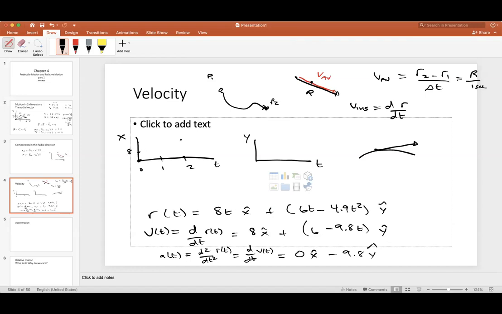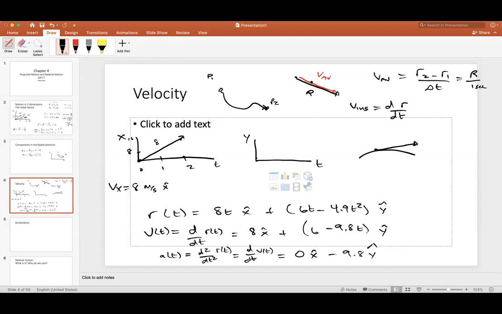When time is 2, it's at 16. So this is just moving with a slope of 8, which is exactly what this says, that my velocity is a constant 8. So my velocity in the x direction is 8 meters per second in the x hat direction. Obviously, that's what this means, but I'm writing it again.